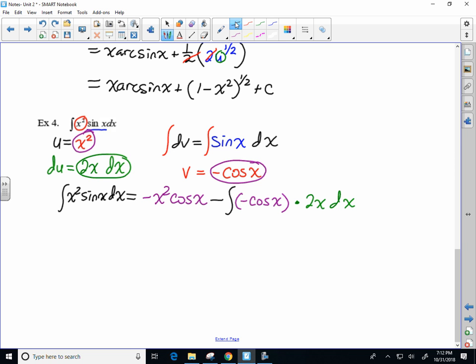So a little bit of housekeeping. And then belief. Belief that you didn't make a mistake early on and choose the wrong u and v, right?